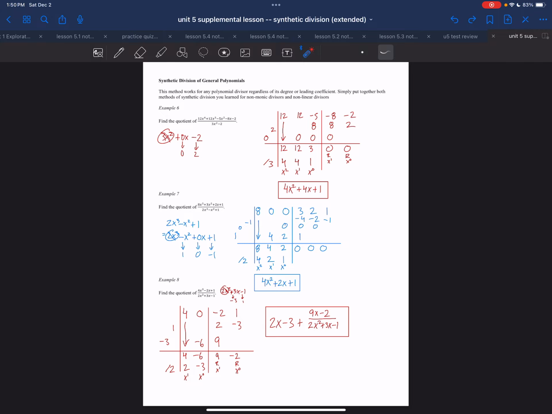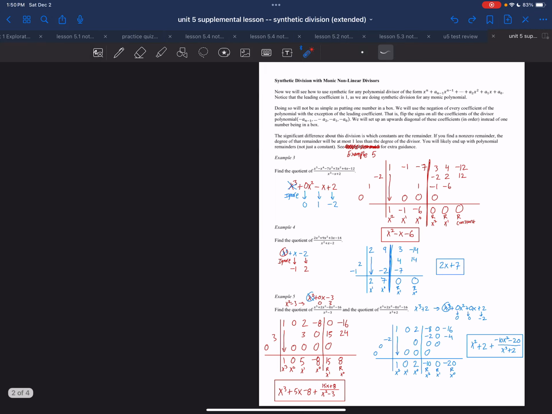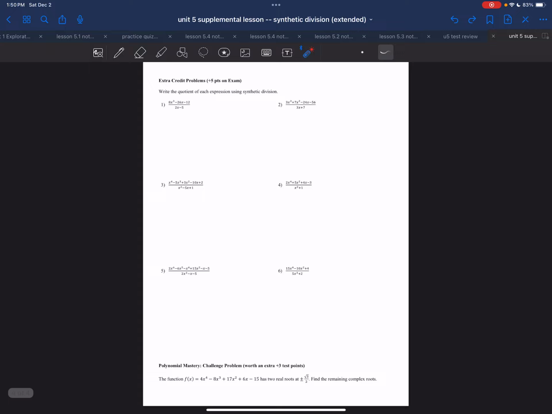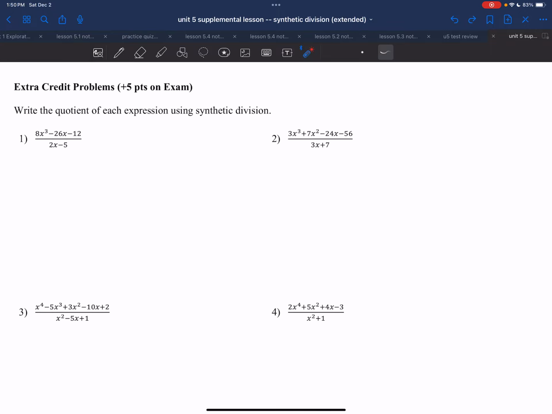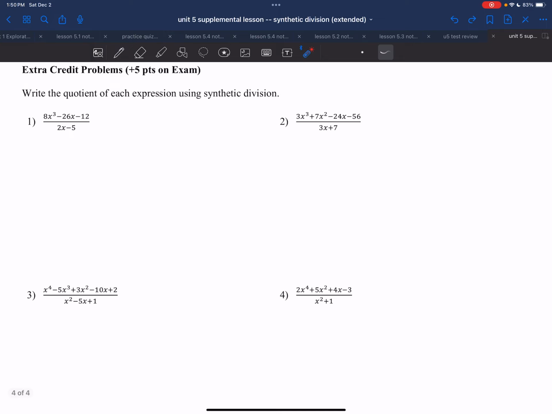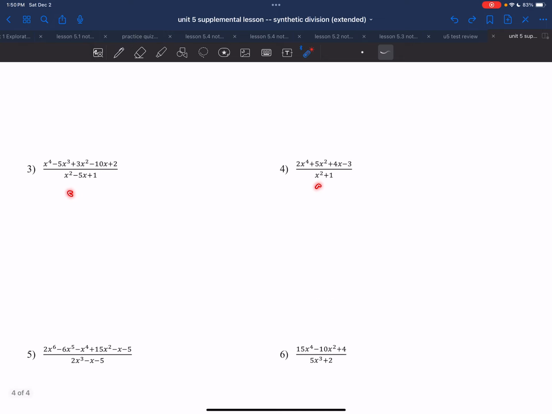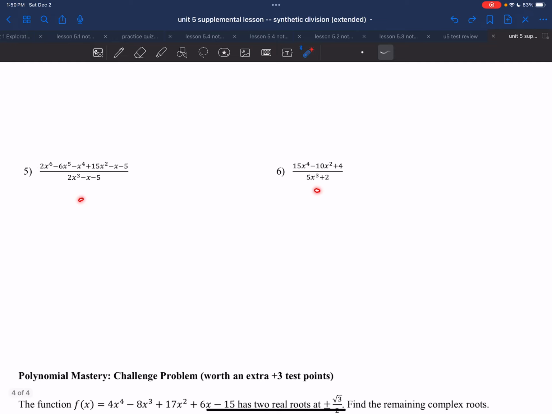And so, yeah, this is the supplemental lesson. For my class, I am offering extra credit. Of course, I'm not going over these problems. These are for you, but there are some extra credit problems here, worth plus 5 points on your exam. A few of them just to walk through: non-monic linear, monic quadratic, non-monic nonlinear.